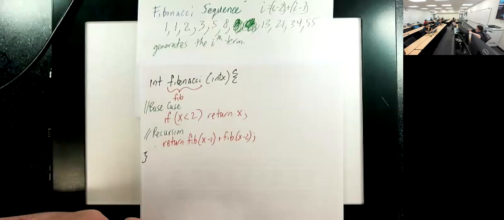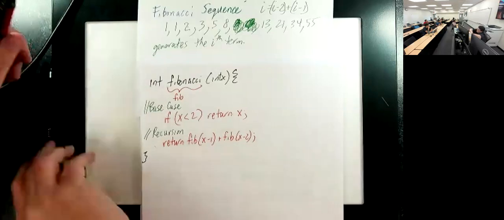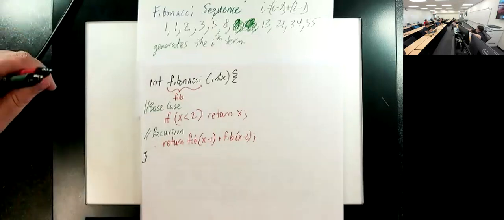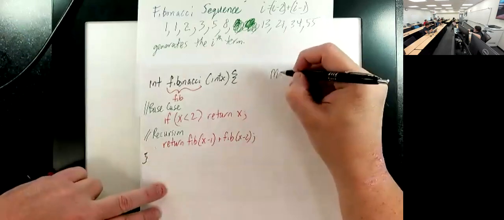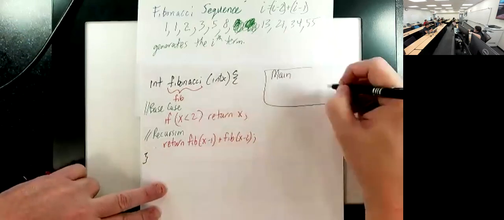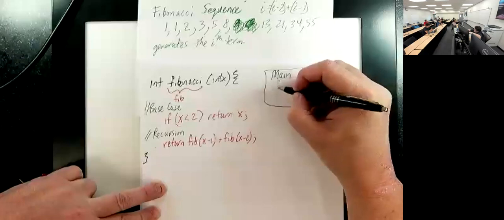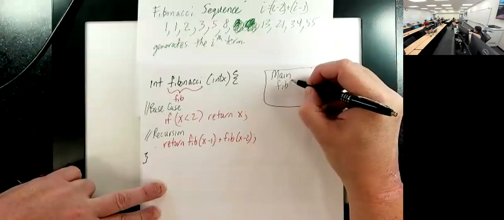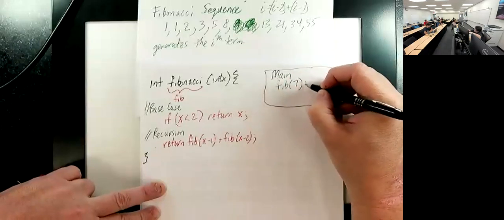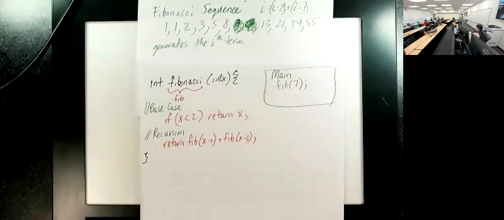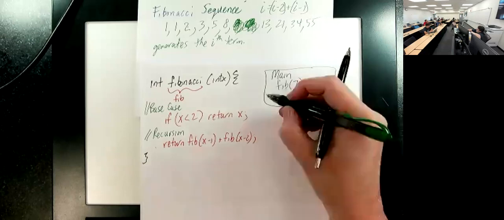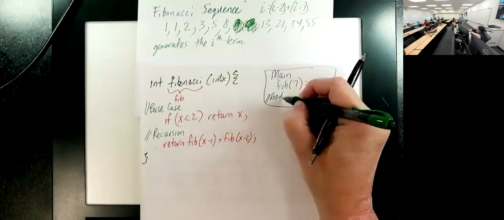So let's say we pass in, here's our main, and we say fib 7. This should produce the 7th Fibonacci number.